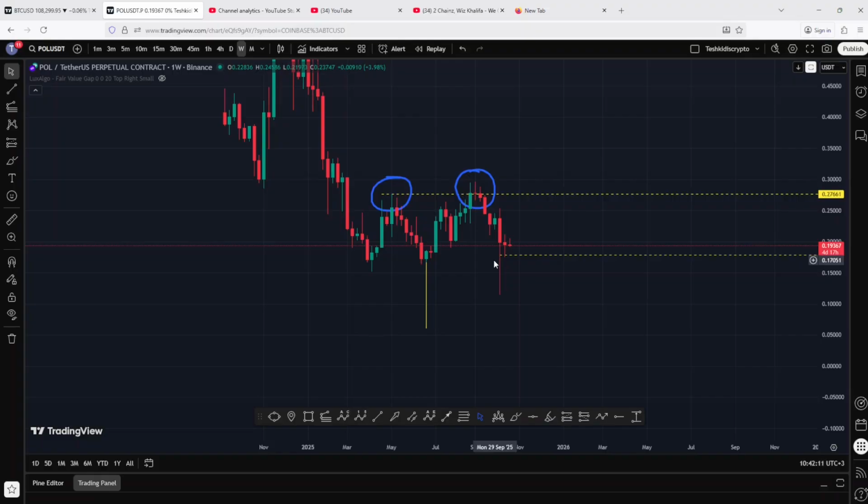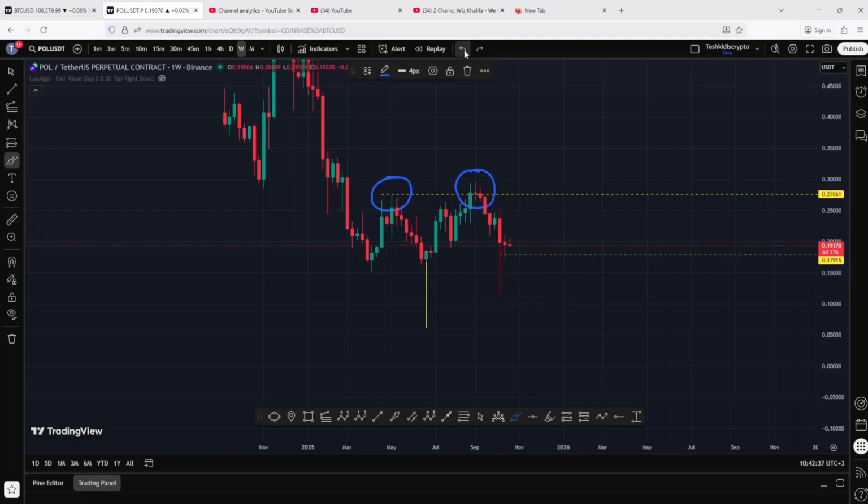Now getting to the significant low that we need to continue holding above, that significant low lies above the 0.17915, which also slightly coincides with the neckline of this double top that we have over here. And this is a very significant low that we made after the massive liquidation event on the 10th of October.